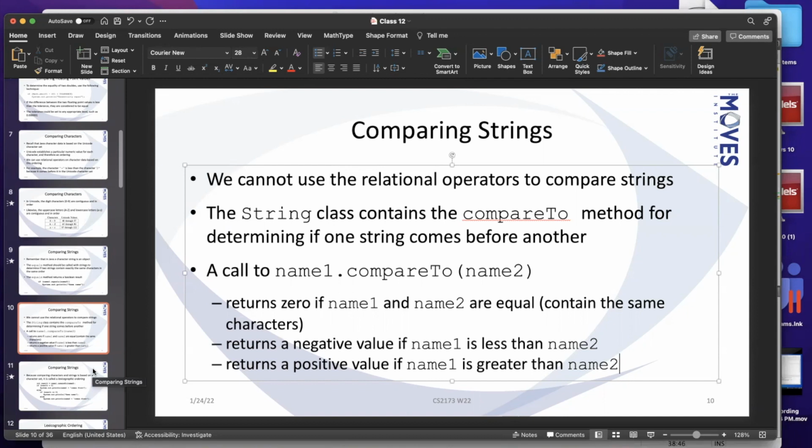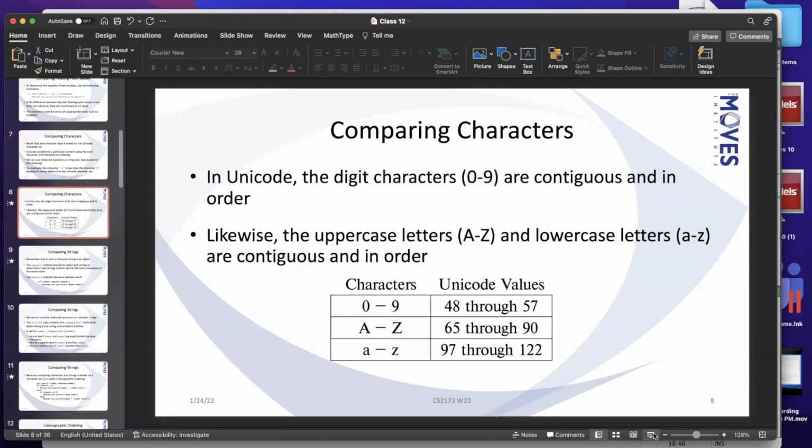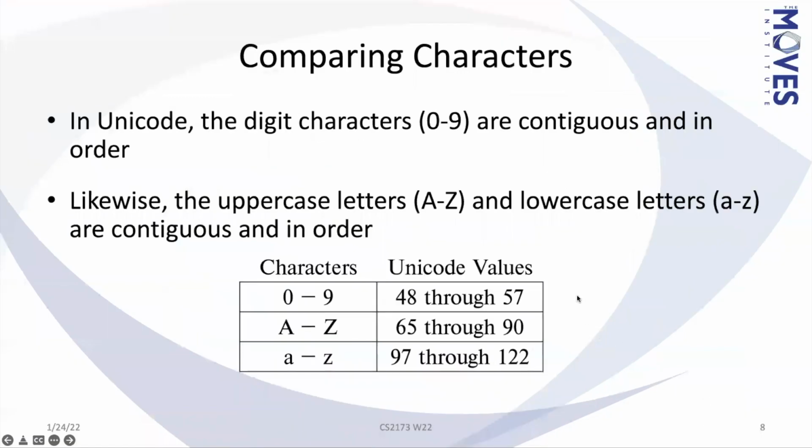So now what does it mean if one string is less than another? Well, that's what this lexicographic ordering has to do. It gets back to that Unicode idea. With this Unicode business, it basically takes each string and looks at the characters one at a time.